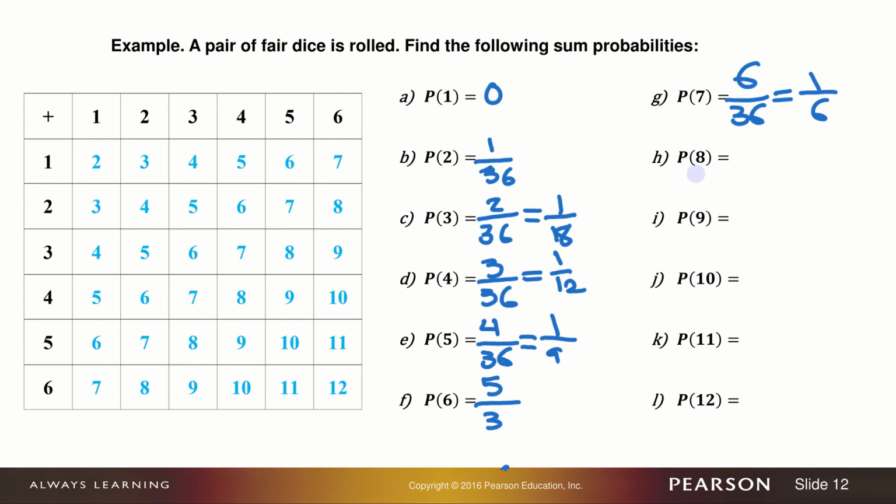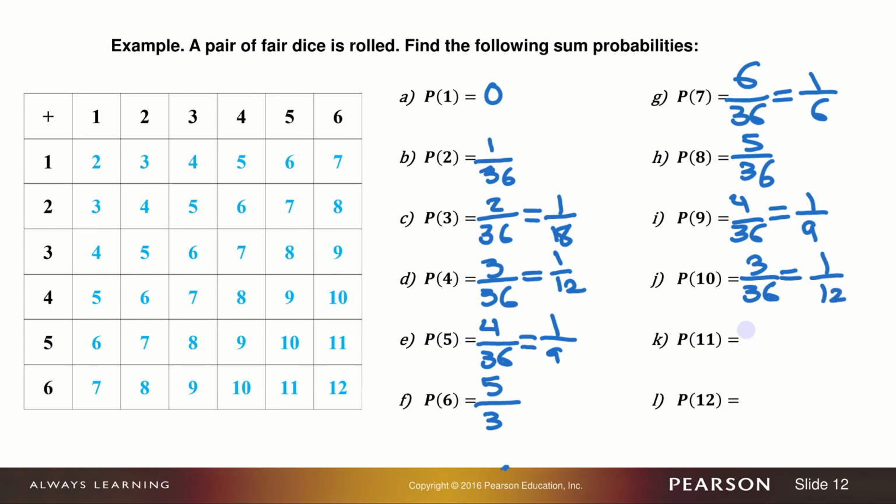P of 8, so in here, notice we have 2, 4, 5 again, so 5 out of 36. Probability of a 9, that's going to be 4 out of 36, right? Which is 1 over 9. P of 10, that's going to be 3 over 36, which is 1 over 12.